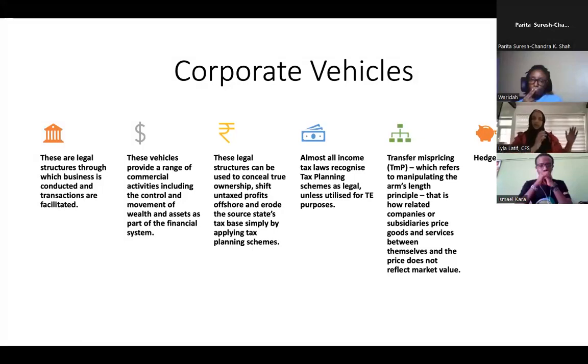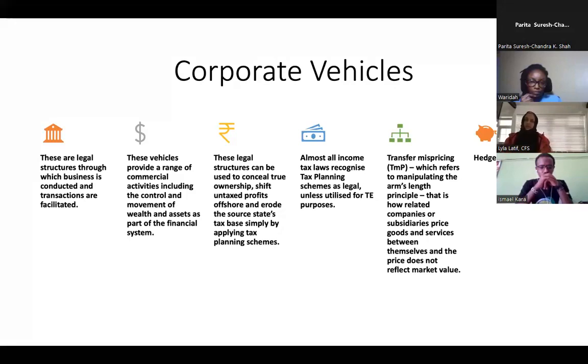It is also how corporate vehicles are structured so as to take advantage of moving into a jurisdiction which has low or basically no tax rates, right? And then they shift their profits there. A classical example is the Zambia Associated Foods, right?